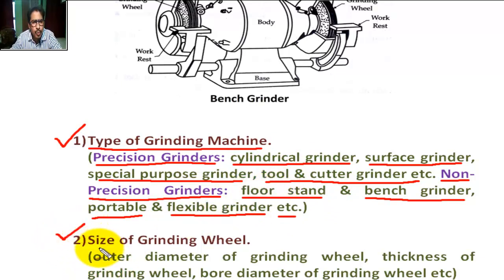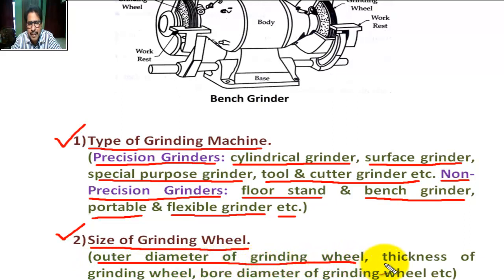Number two, size of grinding wheel. Size of grinding wheel means outer diameter of the grinding wheel, thickness of the grinding wheel, and also inner diameter or bore diameter of the grinding wheel, etc. Okay.